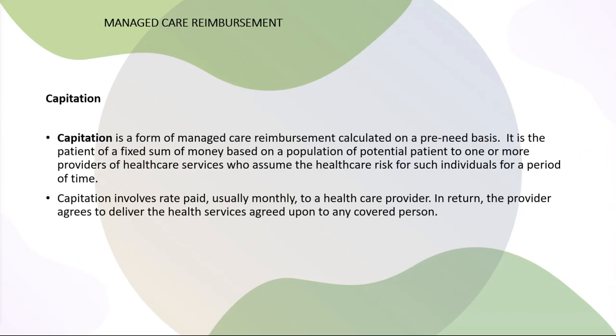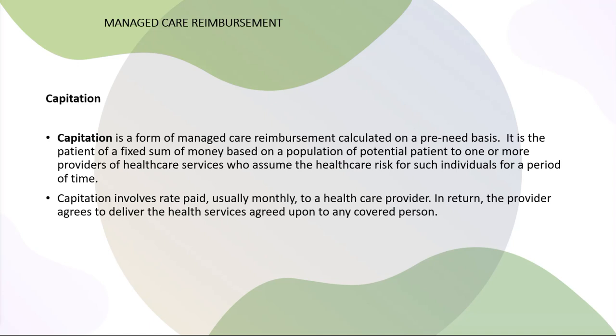Capitation is a form of managed care reimbursement calculated on a pre-need basis. It is the payment of a fixed sum of money, based on the population of potential patients, to one or more providers of the healthcare service who assume the healthcare risk for such individuals for a period of time. Capitation involves a rate paid, usually monthly, to a healthcare provider.